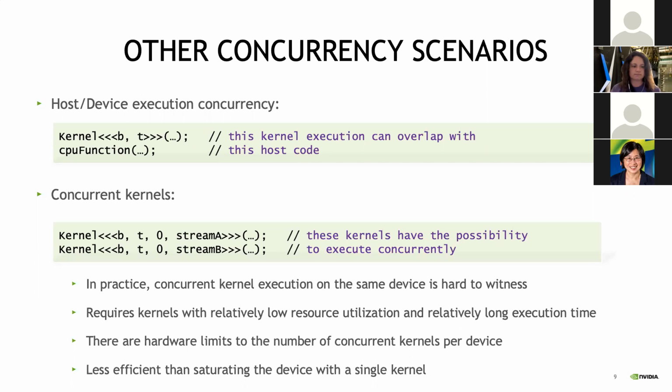But what will happen in practice is one of them most likely will begin execution and suck up a bunch of the GPU hardware resources so that there are none free for the second kernel. As the first kernel completes execution and starts freeing up those resources, you'll see a little bit of overlap where the second kernel will come in. If you look at your profiler output, you'll see a little bit of overlap toward the end.